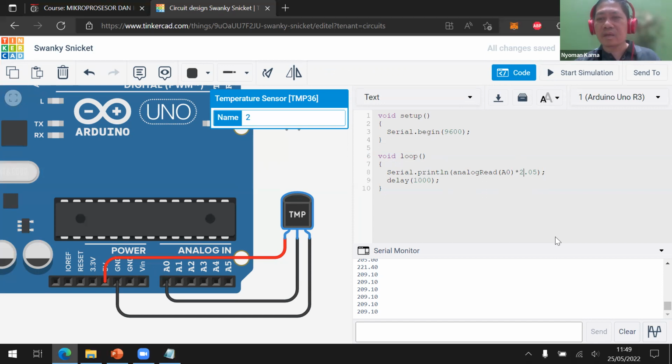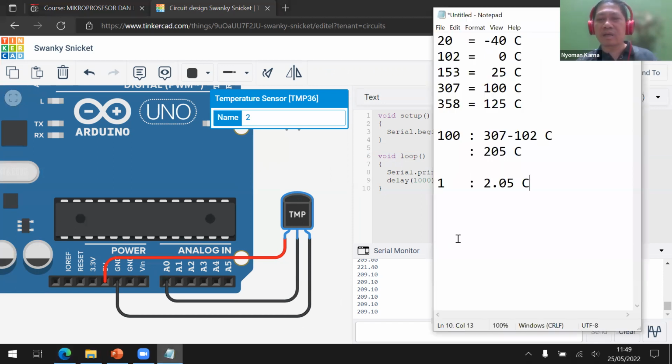So for the calibration, it's not just multiplying by the 2.05, but also we need to shift, because 1 compared to 2.05 is just the comparison.